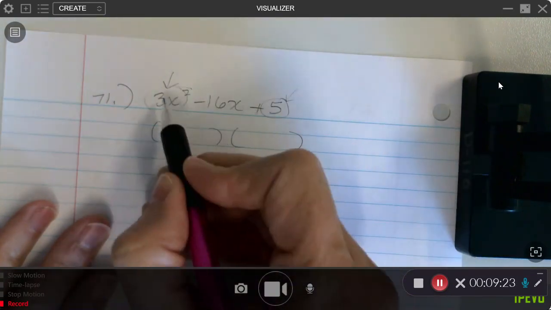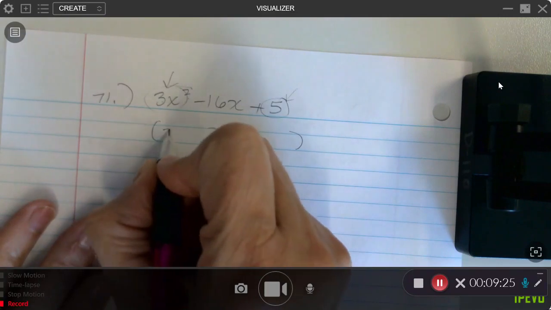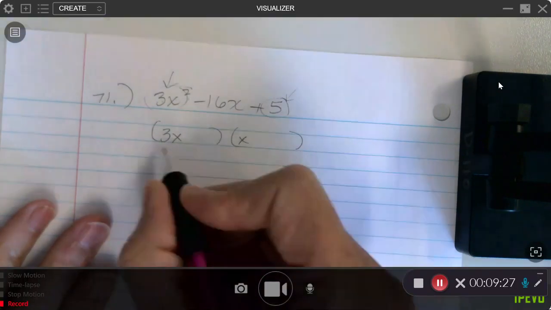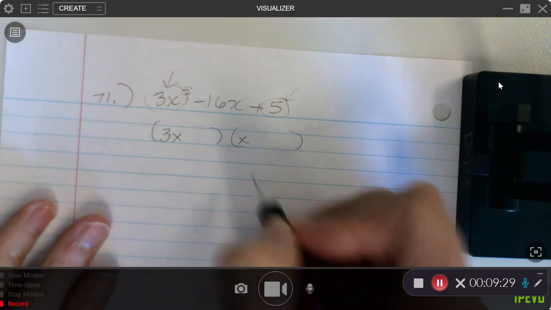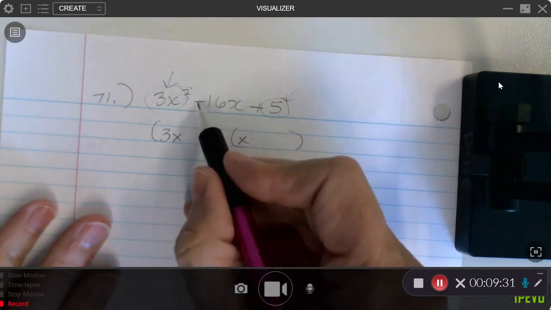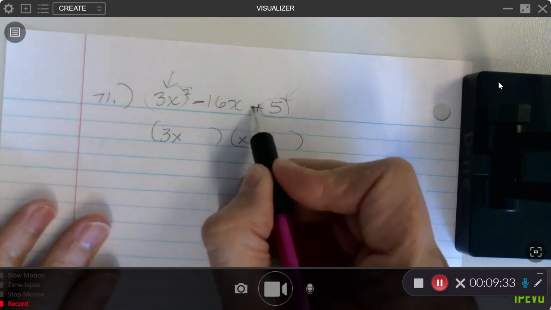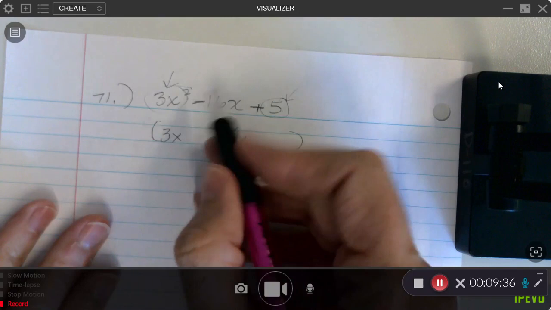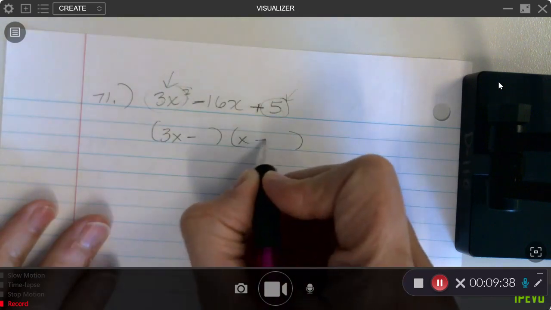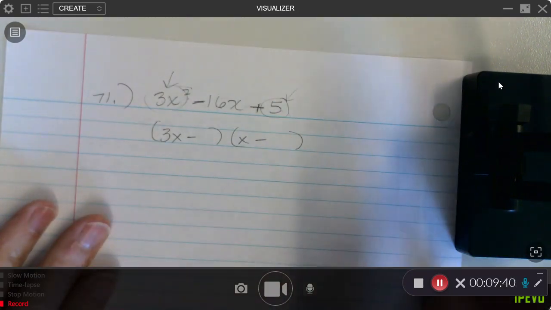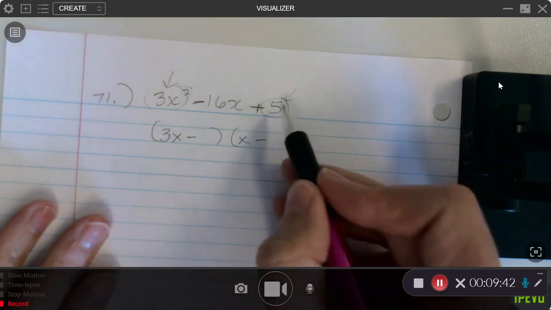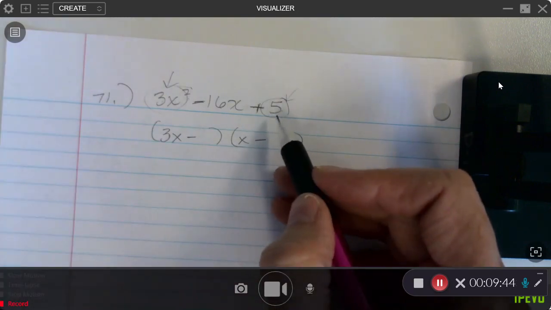Because 3x squared, we got 3x and x, or x over here and 3x over there, right? And this is a minus, and we're multiplying to be positive and add to getting negative. So they're both going to be negative. Agreed? And then we just need to fit in the factors of 5, which are only what? 1 and 5.